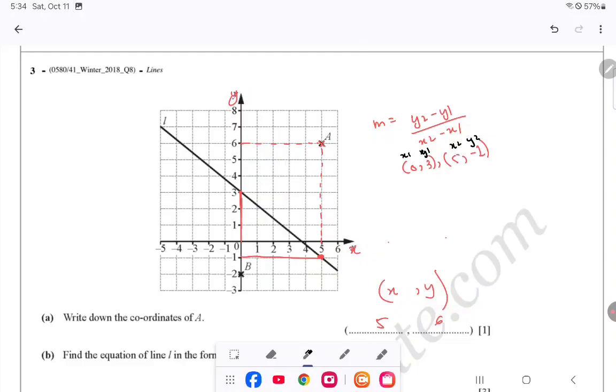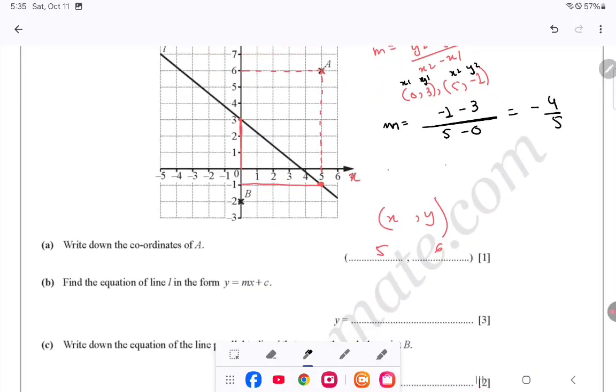The y2 is negative 1, the y1 is 3, the x2 is 5, and the x1 is 0, so negative 4 over 5. This is the slope.